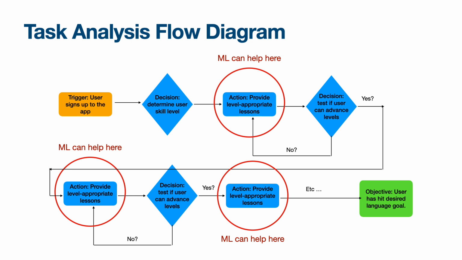I'll use the HSK standard to assess that. So basically, if the person passes the test, they can advance to the next level and they'll keep repeating until they hit their desired language goal. And where machine learning can help is that it can optimize the person's lesson plan depending on their current skills and their current strengths and weaknesses.